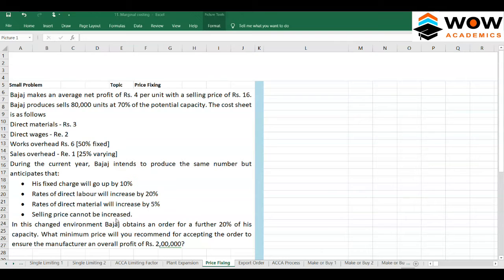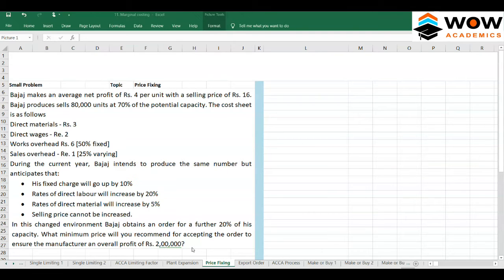What he wants is, in this changed environment, Bajaj obtains an order for a further 20% of its capacity. What minimum price will you recommend for accepting the order to ensure the manufacturer has an overall profit of 2 lakhs? So the company wants an overall profit of 2 lakhs, not only for that order but for the entire company.